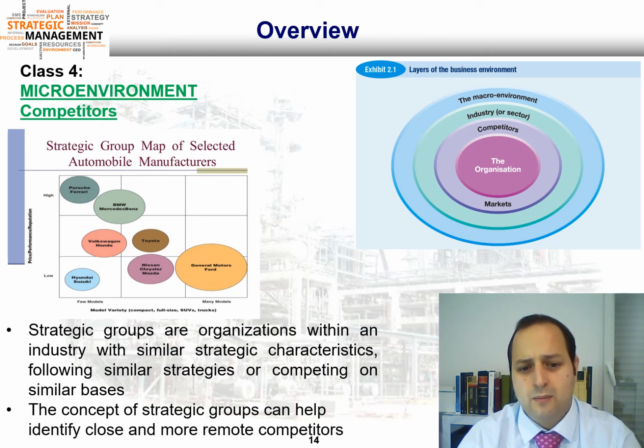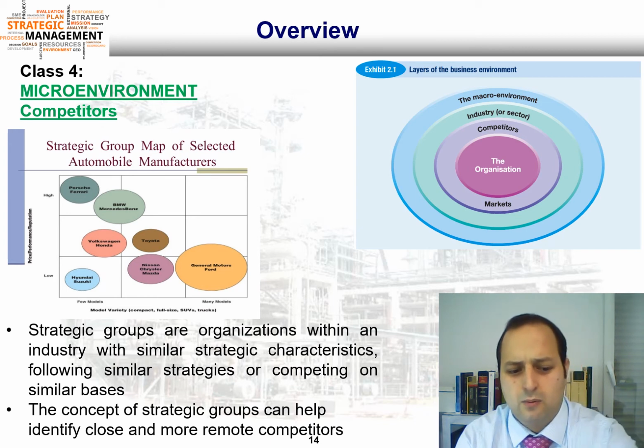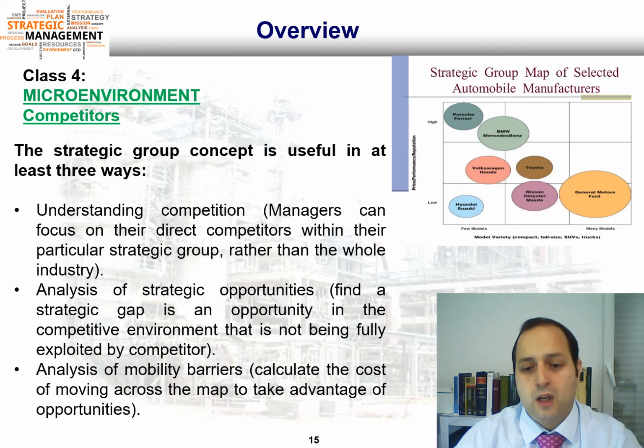Therefore, by locating ourselves on such a map, we are going to be able to know which are our direct competitors and who are our competitors that are within the same industry but do not represent direct competition with us. And we have seen the strategic group concept is useful in at least three different ways.